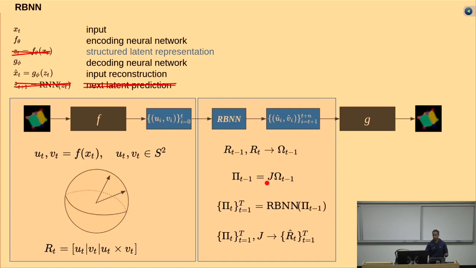Yeah. In this case, this model is being trained for a single object, so the moment of inertia is for that single object. Sorry, I mean omega t minus 1, the angular velocity at t minus 1. So where do you get the initial angular velocity? I see. Our angular velocity is always computed for a pair of images. I see. Got it.